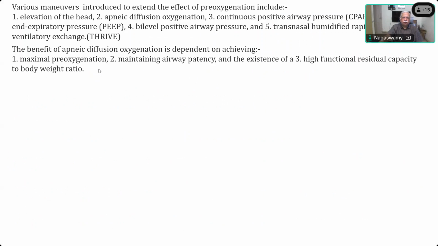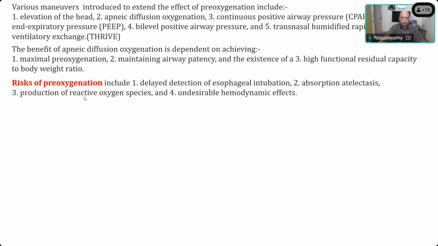And the benefits of apneic oxygenation include maximal preoxygenation, airway patency is maintained, and a high functional residual capacity to body weight ratio is achieved. What are the risks of preoxygenation? If you have put the tube in the esophagus, because the available oxygen in the lung is still more, for some time you will see the saturation being maintained, which will give a false feeling that your intubation is right.